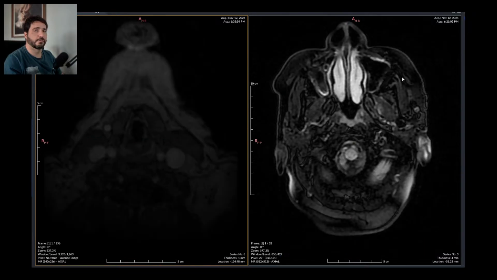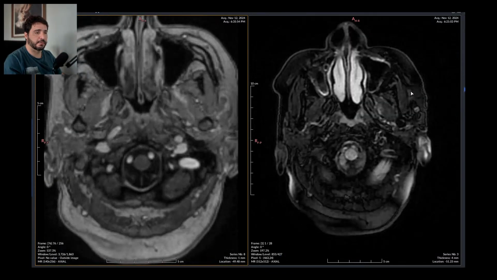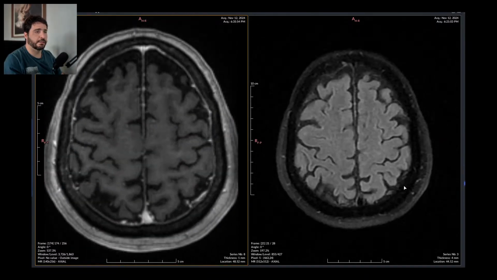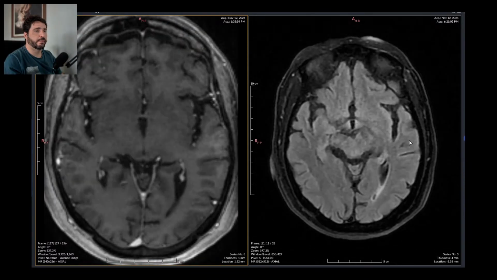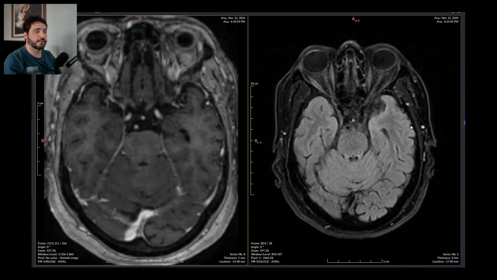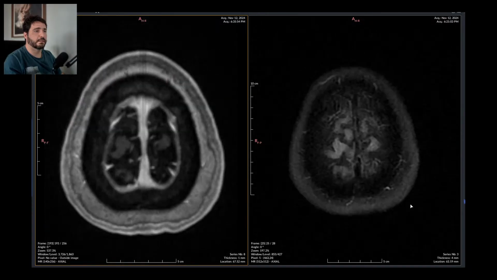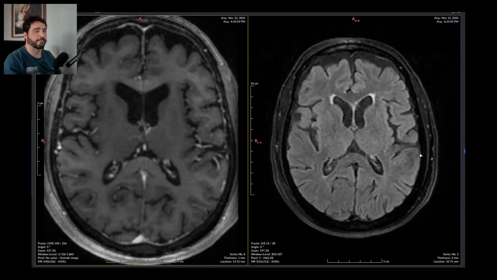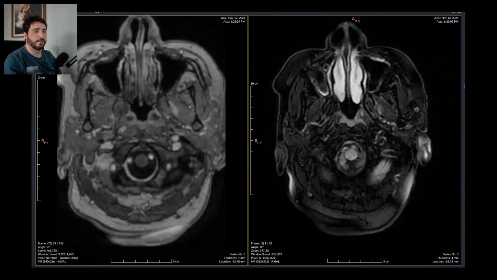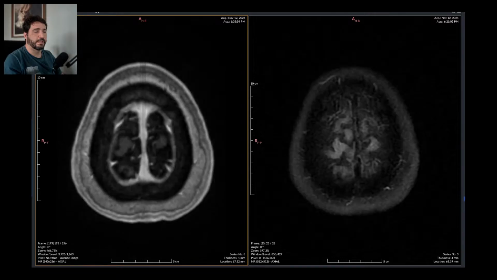Let's just go slowly to see if we have enhancing spots that could point us to secondary disease. Also, you have to remember breast cancer secondary disease can present itself just by a thickened and diffusely enhancing meningitis, carcinomatous meningitis.